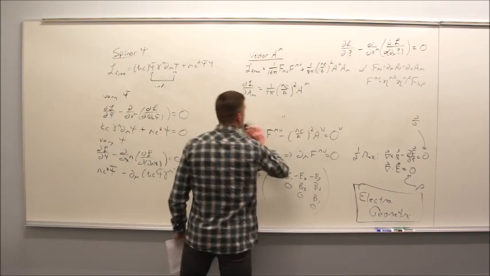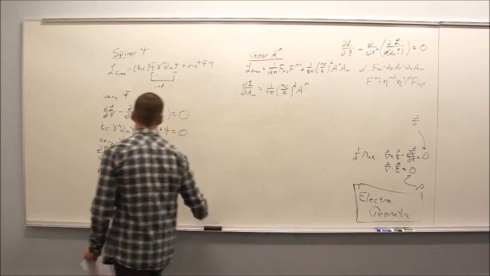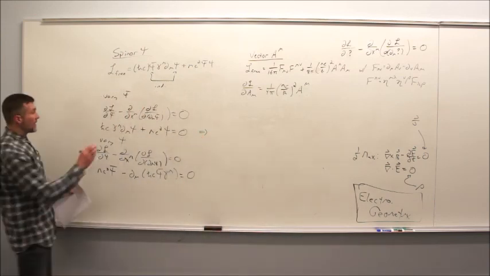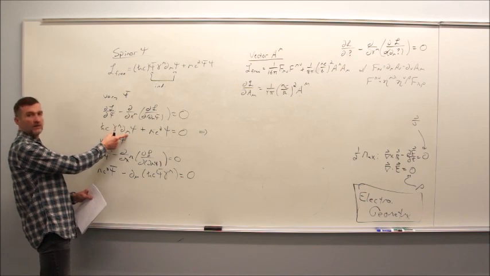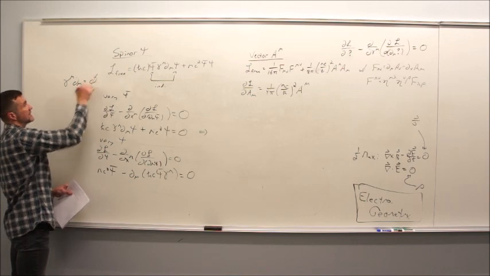And the final observation that I'll make is this combination, gamma^mu d_mu, which happens a ton throughout this course, we're just going to give it a nickname. We're going to call it d slash.